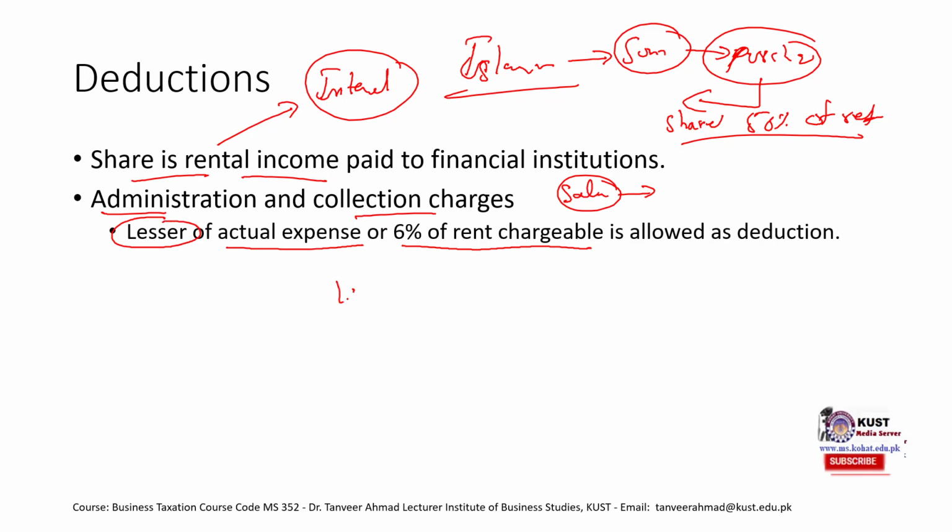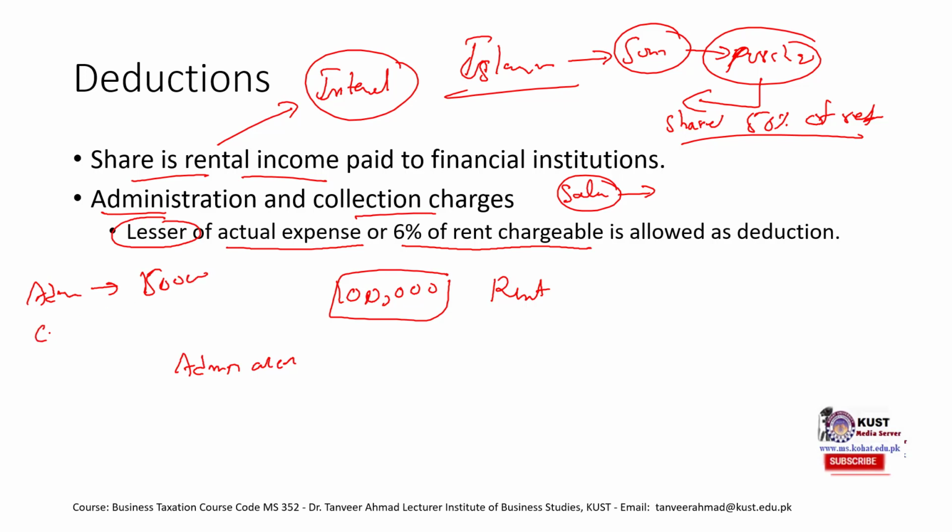For example, continuing our previous example, the rent is 1 lakh rupees. The actual admin and collection expense, remember, if admin expense are given as, let's just say, 50,000 rupees and collection expense are given separately as 5,000 rupees, then we will need to sum them up and we would have to check that out.